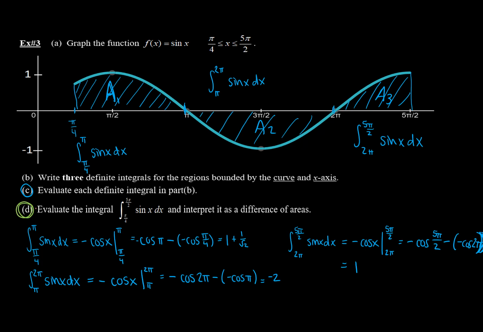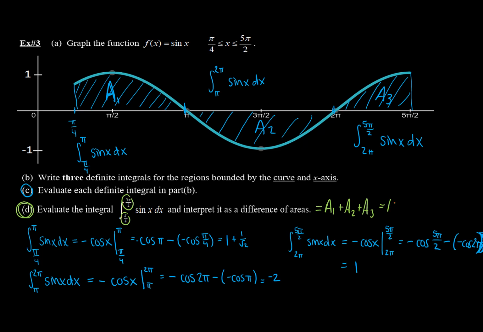For D, they want us to evaluate this integral and interpret it as a difference of areas. Well, this integral goes from pi over 4 to 5 pi over 2, so that means I'm going to add all of these areas together. They're not looking for the total, they're looking for the actual area, but keep in mind one of them's negative, so it is going to be subtracted.